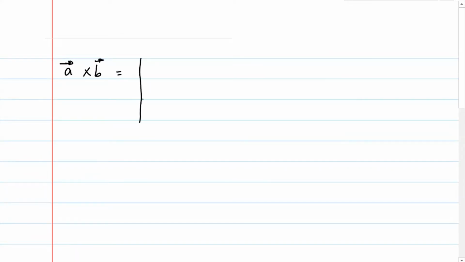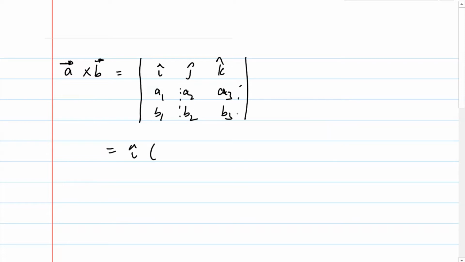If you want to do A cross B, then you do it this way. I, J, K. Then you write A1, A2, A3, B1, B2, B3. And then you just take the determinant. So you take the first row, first column, and multiply whatever is here together in this way, A2 times B3 minus A3 times B2.